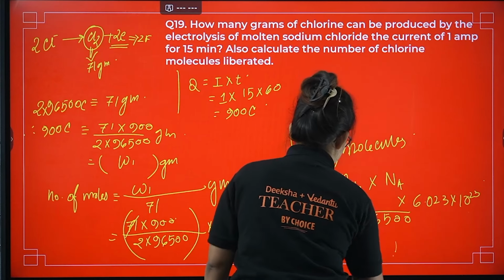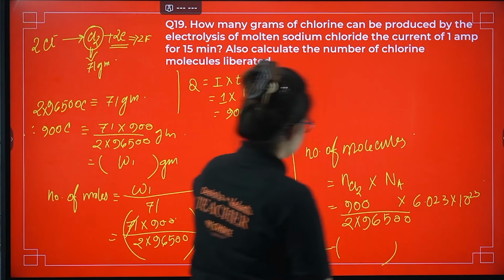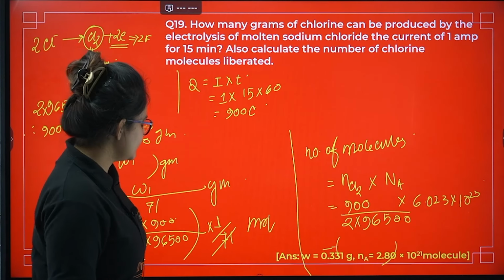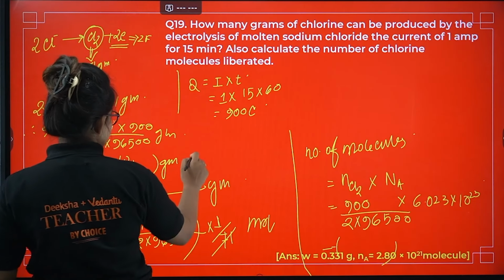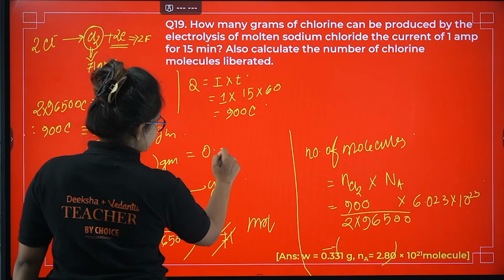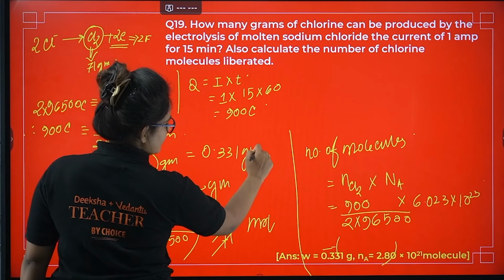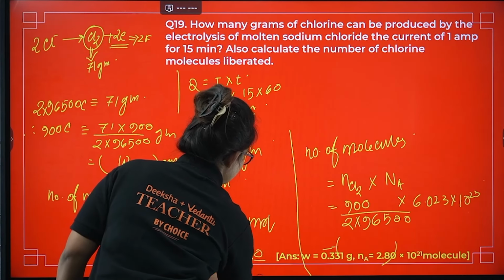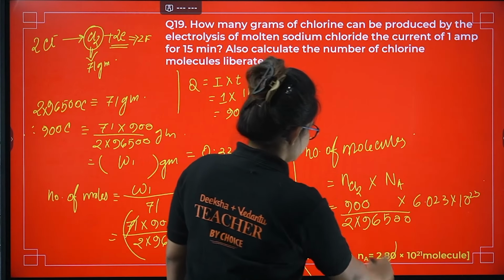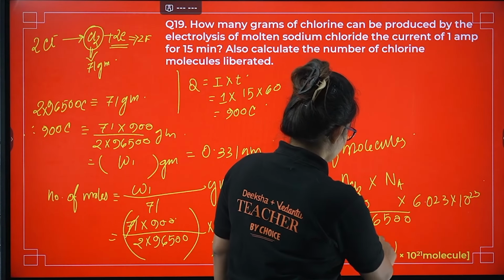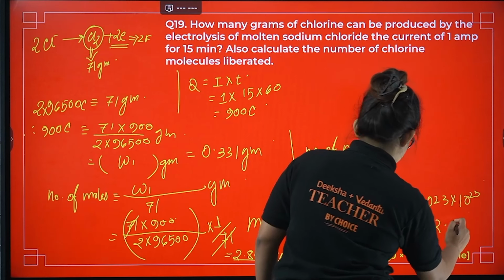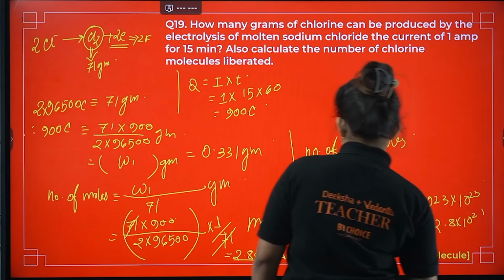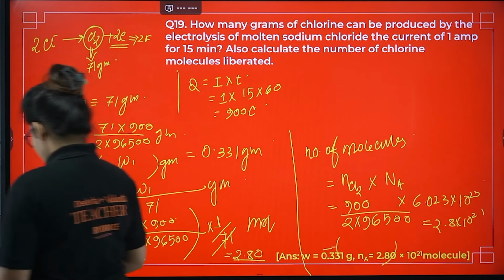Whatever the answer comes, that many molecules. So you can see that is the answer. The weight here you will get is something like 0.331 gram, number of moles you will get 2.80 moles here, and molecules something like 2.80 into 10 power 21. I guess this is clear to you.